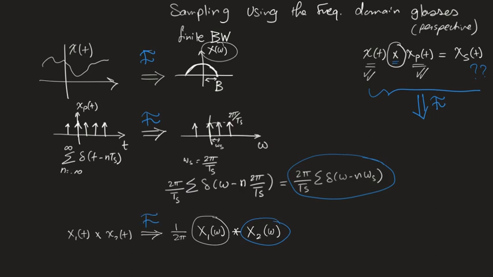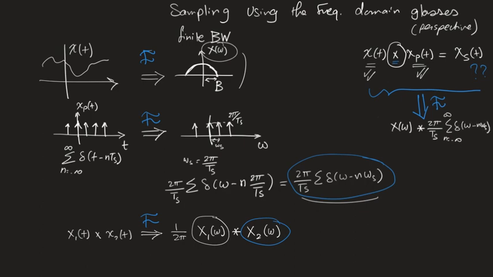So when I take this into the frequency domain, it becomes X of omega, this guy, convolved with this guy, which is 2 pi over Ts, the summation from n equals minus infinity to infinity of delta of omega minus n omega s.